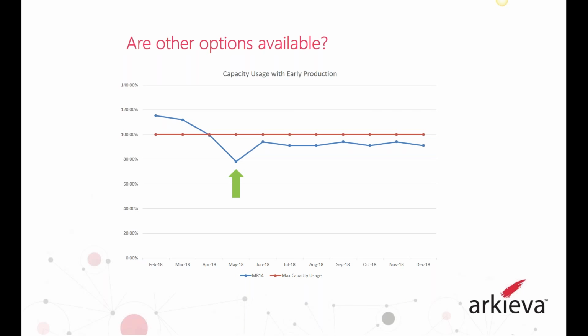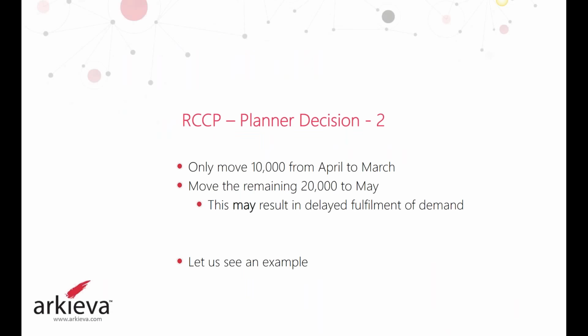So this is now saying that since moving 30,000 units of production to March creates a problem in March, maybe we should move a little bit to March and allow a little bit to be moving towards May. So if we were to do that, let's make a different decision. The planner decision number 2 is that let's move only 10,000 from April to March and move the remaining 20,000 to May. Now, let's also not kid ourselves. This may result in delayed fulfillment of the demand, but let's just for now say this is the decision.